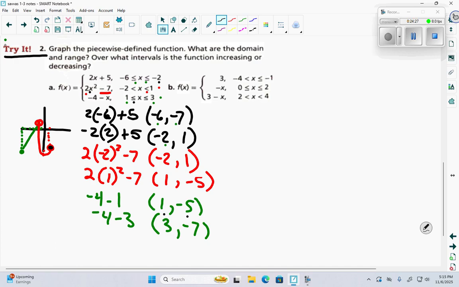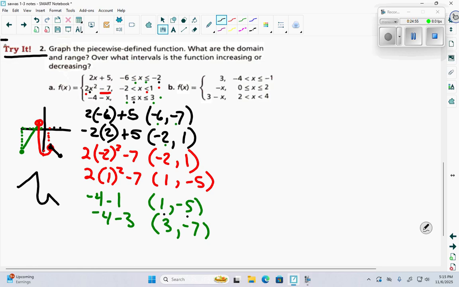I'm going over 3, and then down 7, which would be right here, the bottom of the vertex for my parabola. That one's a straight line. So that is what my graph looks like: it goes like this, goes around, and then goes down like that. Now we need to figure out what the domain and range are.